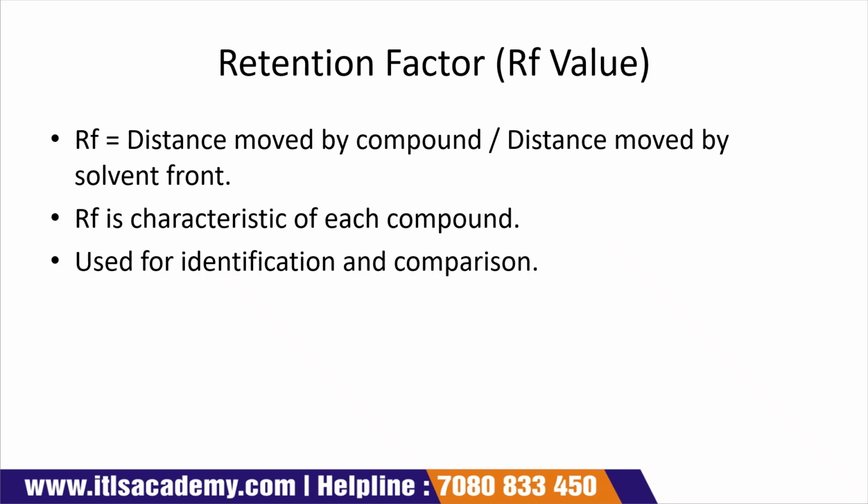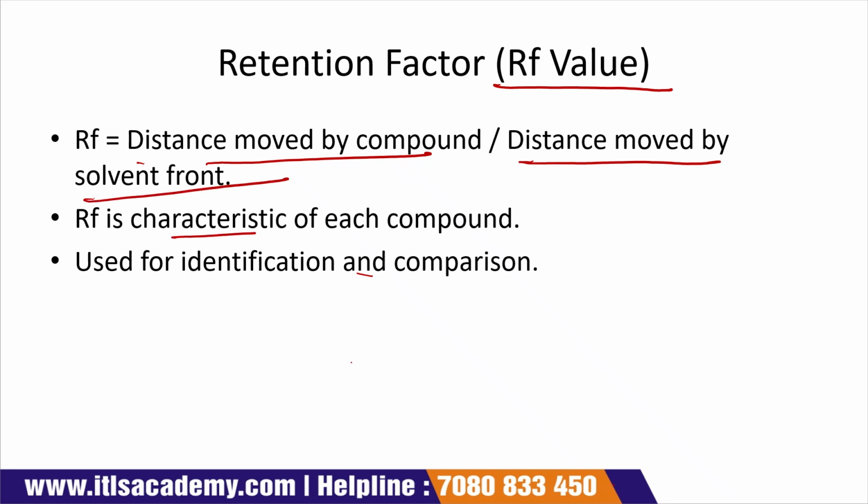Then the retention factor, also known as the RF value. It is defined as the distance traveled by the compound divided by the distance traveled by the solvent. The RF factor is characteristic of each compound and is used for identification and comparison.